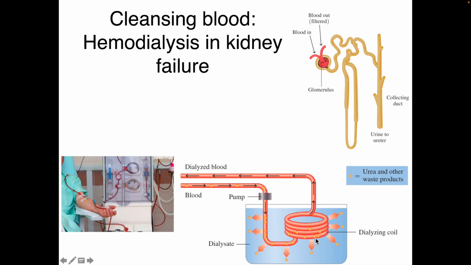So therefore, dialysis happens where the waste solute particles will move out of the semi-permeable membrane and into this solution. Now, as it goes through this coil, over time, more and more of these waste products are transferred out. And by the end of that coil, your blood is basically clean of these waste particles. And so therefore, it pumps it back into the body of the dialysis patient.